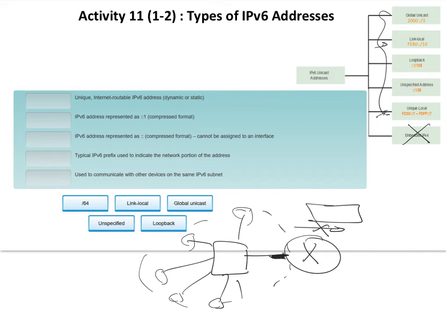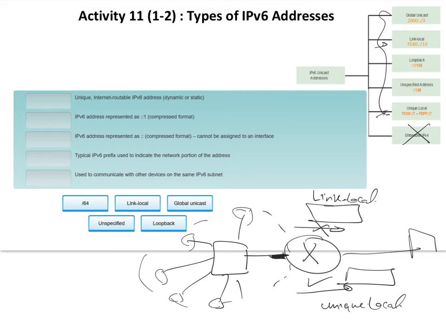Okay? So here you can, so this router, so this is for link local. For unique local, the packet may go through in that case.